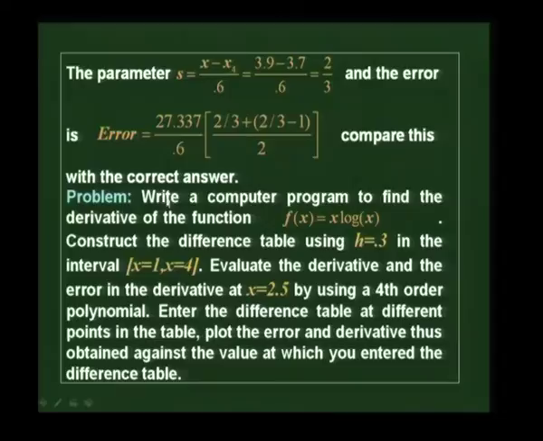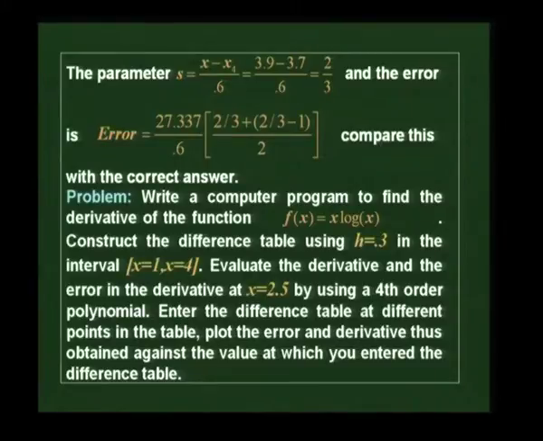Okay, so please note this function, a similar one, another function f of x will be x log x. Then you could again construct a difference table, take h as 0.3 for example, and between 1 and 4 you construct that difference table and write a program to do this, and then evaluate the derivative at x equal to 2.5 for example, using polynomials of different order. Okay, and then look at the error in the polynomial.